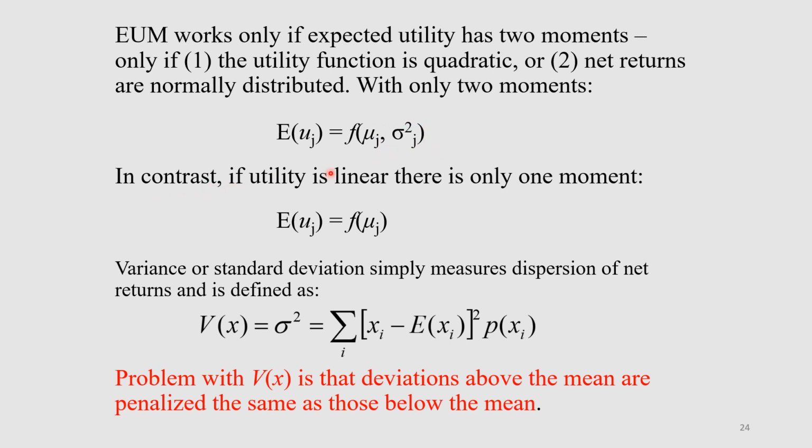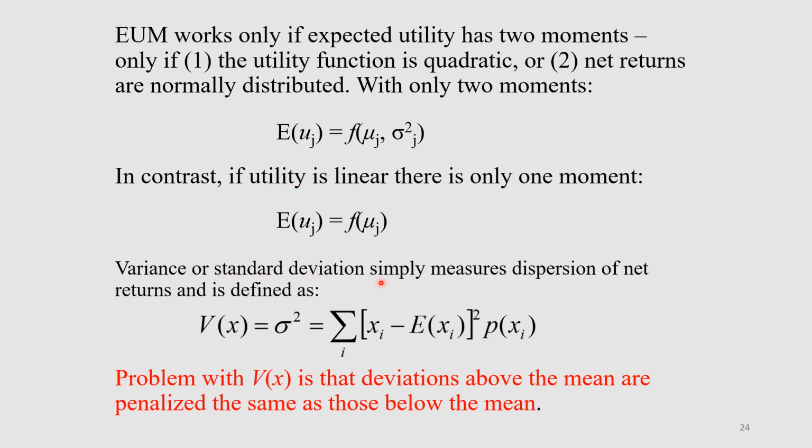So think of it this way: you've got all these outcomes and you're looking at the mean of those outcomes for decision J. And for decision J, you also have variance of these outcomes. In contrast, if utility is linear, there's only one moment. So here we just have that single moment that we're concerned about.